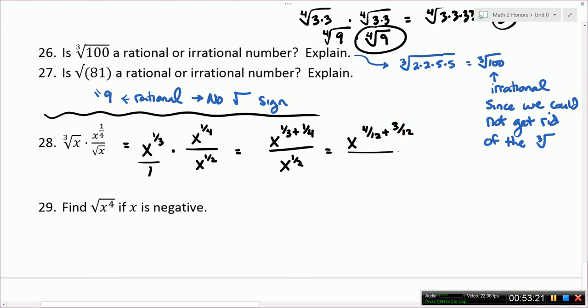I multiplied the first fraction top and bottom by 4, second fraction by 3, over x to the, I'm going to make this something over 12 as well, because it's going to help with the next step. So that's 6/12, multiply top and bottom by 6. So we end up with x to the 7/12 over x to the 6/12. And then you subtract your exponents, and you end up with x to the 1/12.